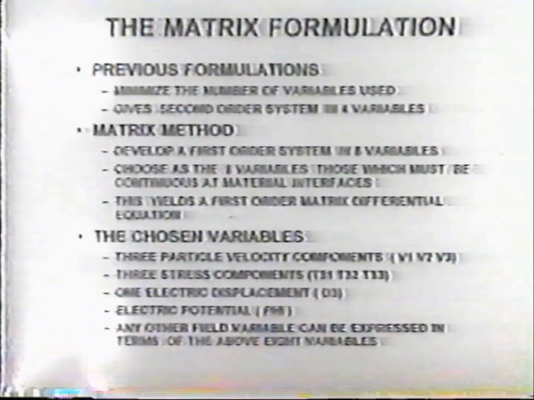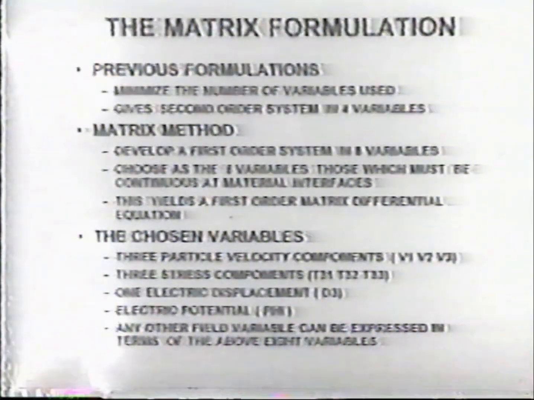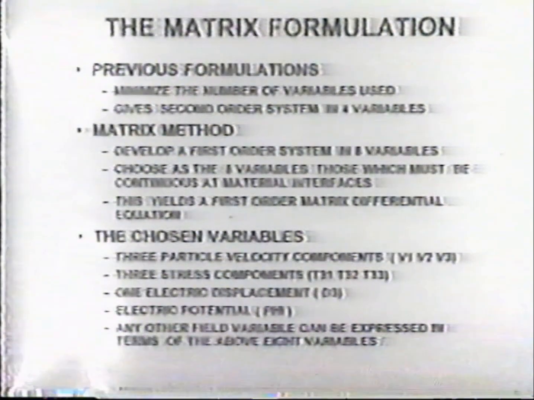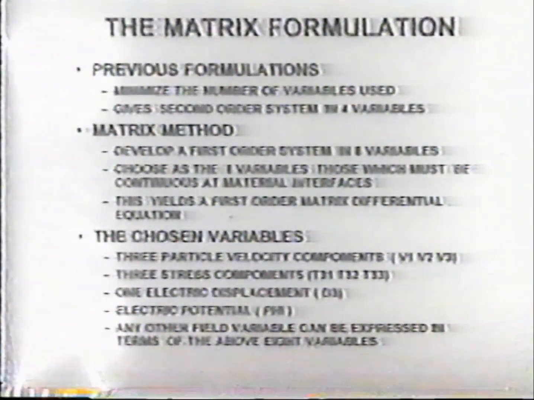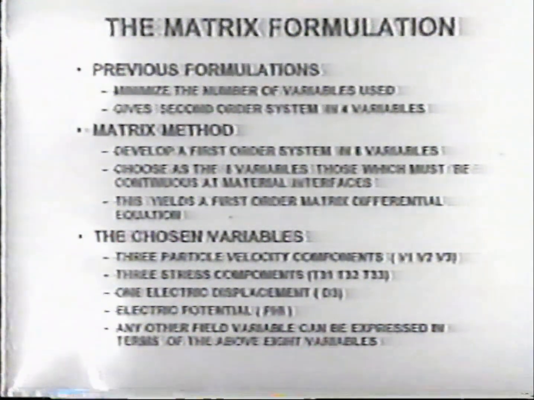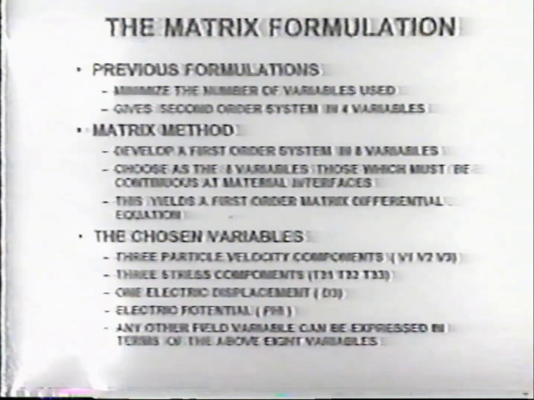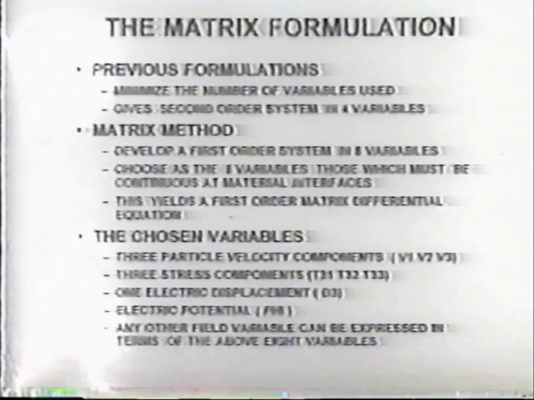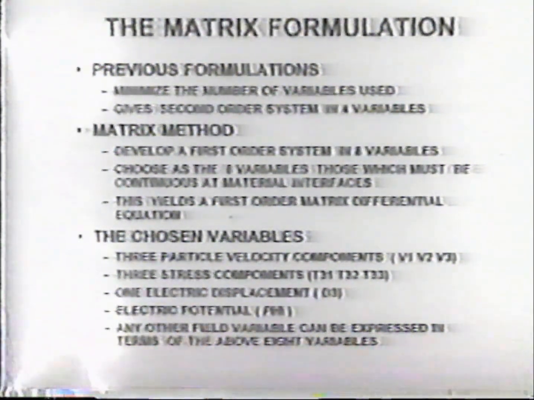The three stress components, that's T31, T32, and T33, this would have been written as a vector T suffix Z in some of the notation that I talked about last week. In addition, because it's piezoelectric, we need two electrical variables, and there you have a certain amount of freedom. I choose the electric potential and the normal electric displacement.